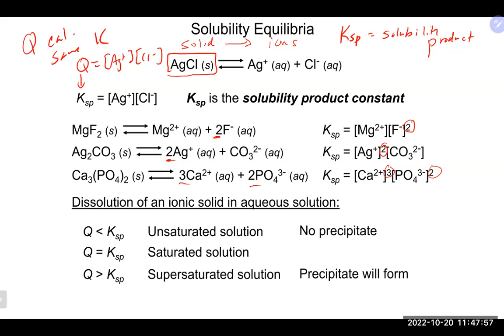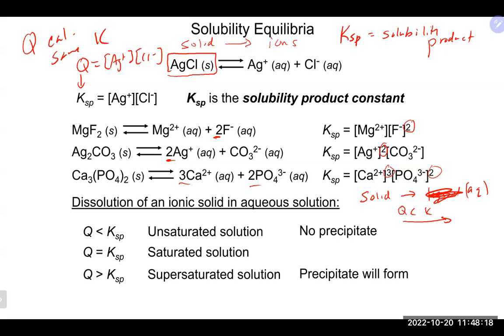And we would expect no precipitate to form. So if you think about how these equations are always written, solid to aqueous, and if you do split it up like this, Q is less than K, it will point to the opposite side. I guess liquid is a bad word there. Aqueous would be the better word.